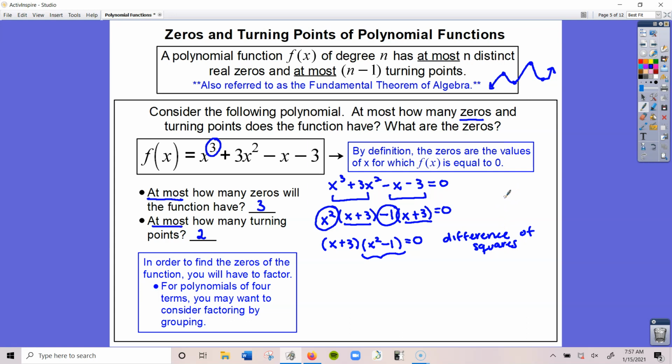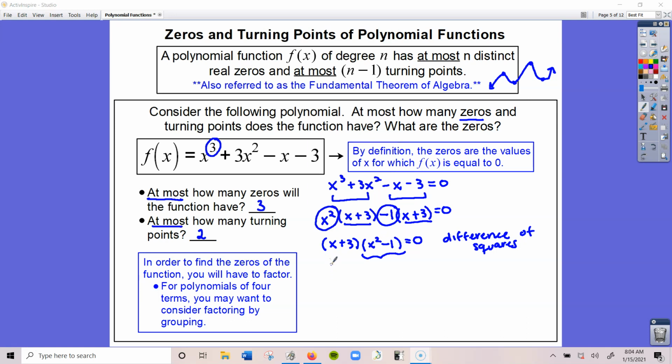So for example, the square root of 25, that's a perfect square because the square root of 25 is 5. 16 is a perfect square because the square root of 16 is 4. If you look at these 2 terms, the square root of x squared is x, because the square root and the exponent would cancel. And the square root of 1 is 1, because 1 times 1 is 1. So this is a difference of squares.